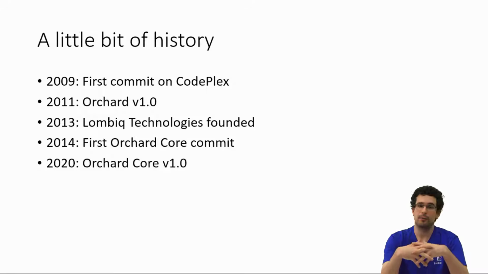And then with the advent of .NET Core, Orchard Core was started by several community contributors as well in 2014. That's a long time until version 1.0, which we anticipate to come out in 2021.